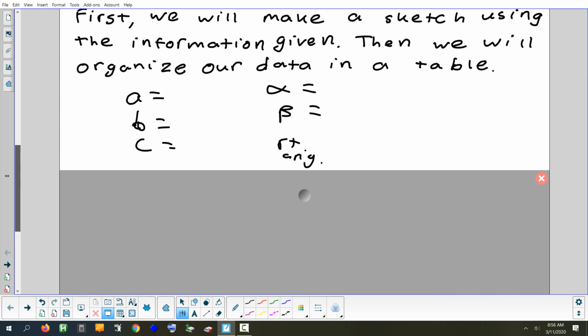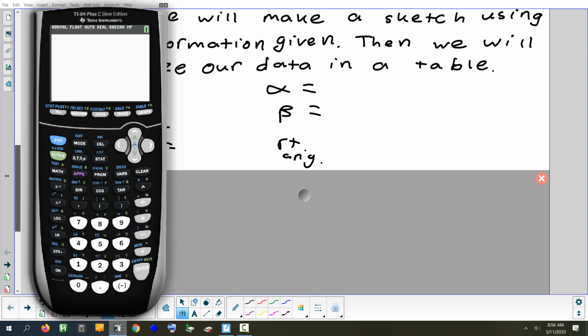So things you can keep in mind: the Pythagorean Theorem, you can use that. We can use the fact that all the angles in a triangle add up to 180. And we can use the 6 definitions I taught you yesterday. That's all you're going to need. In fact, you're not even going to need all 6. You're only going to use the first 3, sine, cosine, and tangent, because you have buttons for those on the calculator.